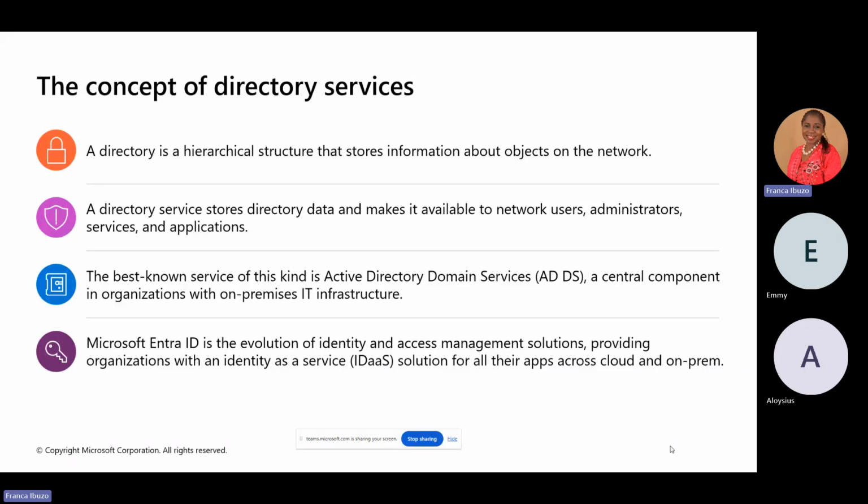Like the example I gave, a phone directory stores information about individuals and their phone numbers. Some even have addresses of individuals. So a directory service stores directory data and makes it available to network users, administrators, services, and applications.